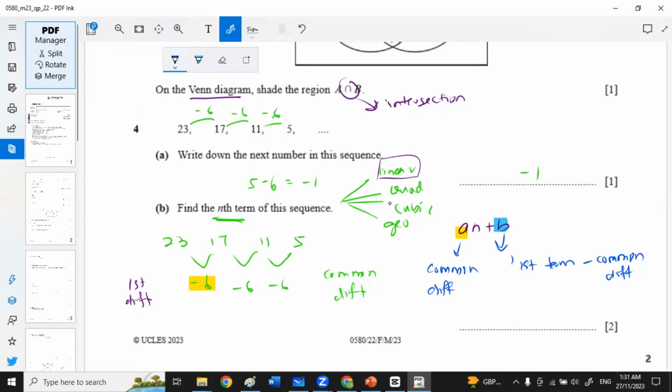Sorry for that. So the first term is 23, you minus the common difference of negative 6, that should give you 29. So your nth term will be negative 6n plus 29.